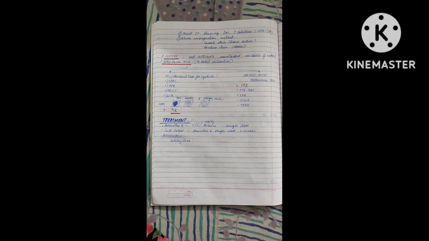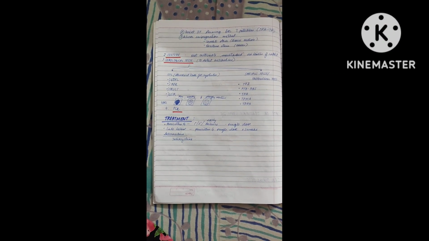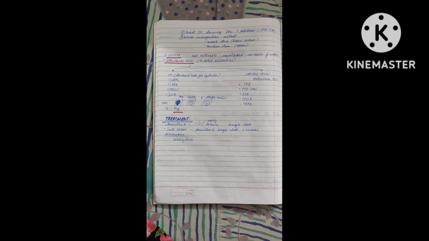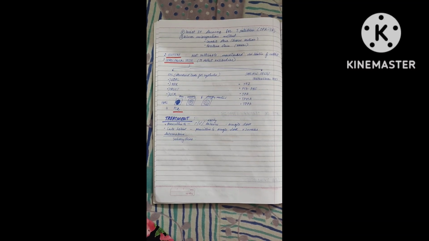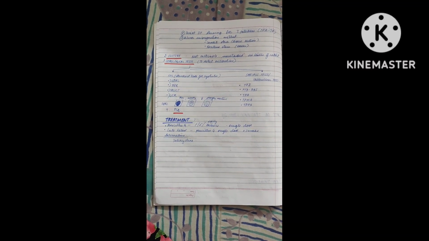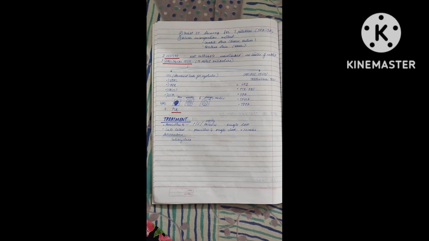Then the specific tests are Treponema pallidum immobilization test, Treponema pallidum agglutination test, Treponema pallidum hemagglutination test, Treponema pallidum particle agglutination test, FTA-ABS, and PCR.